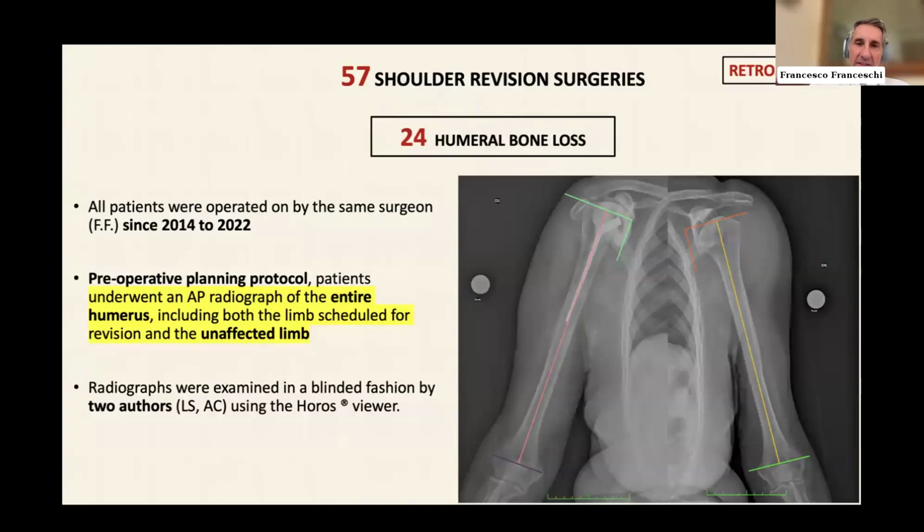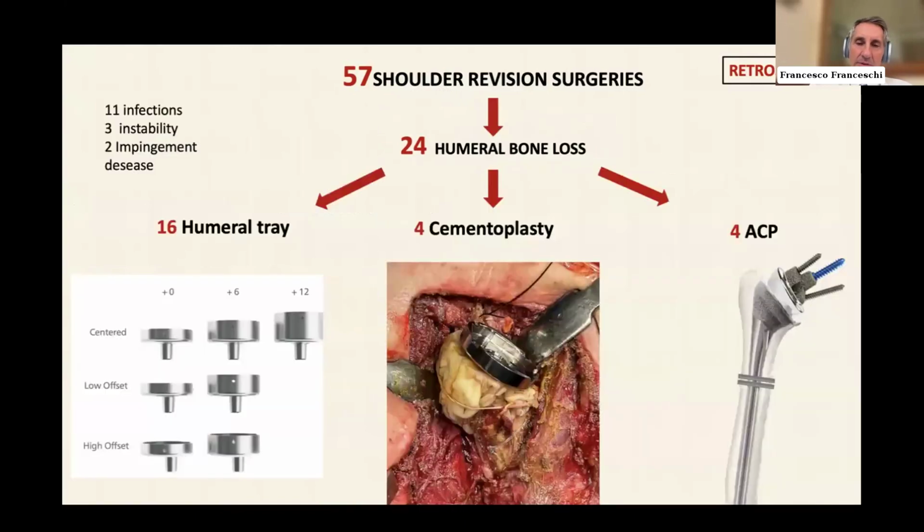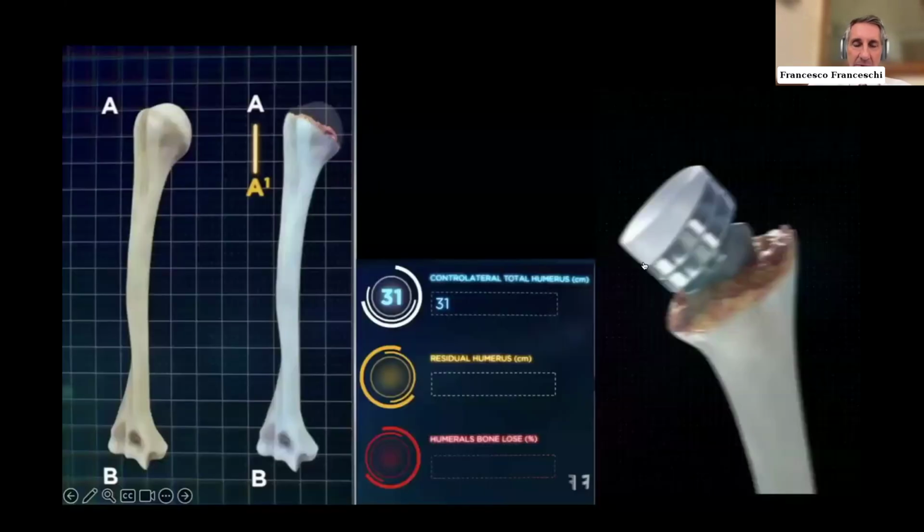And from this casuistic, we studied 24 humeral bone losses. In 16 cases, we performed humeral tray increasing and increasing of the polyethylene. In 4 cases, we used cementoplasty, and in 4 cases, we used APC.